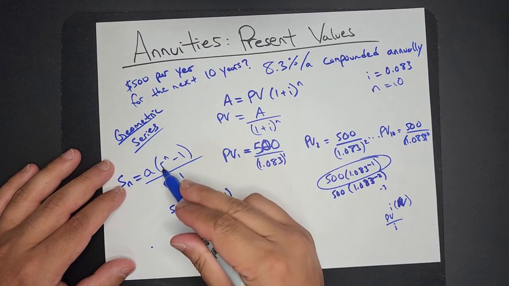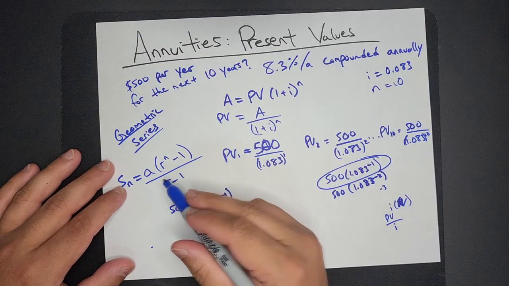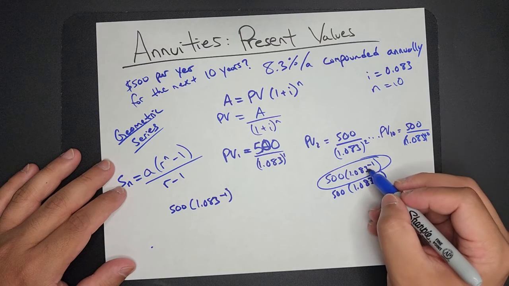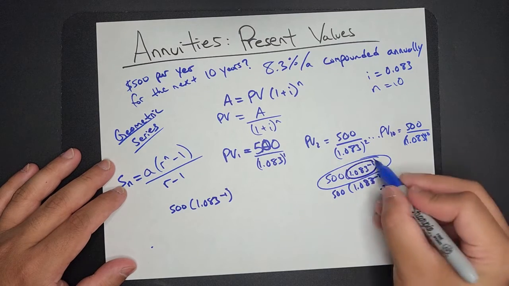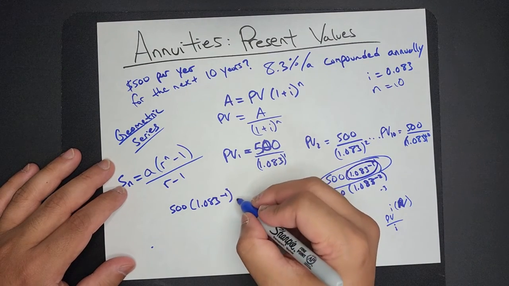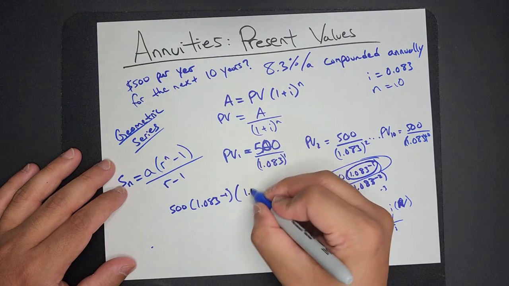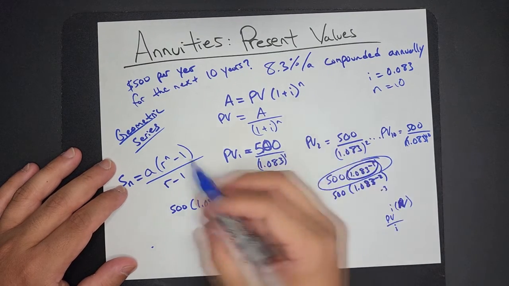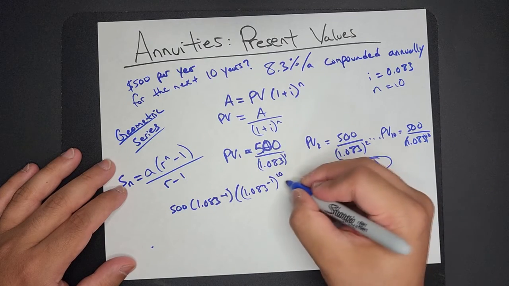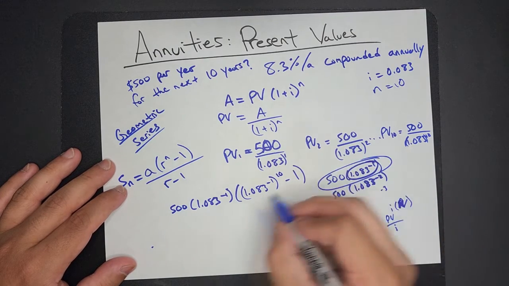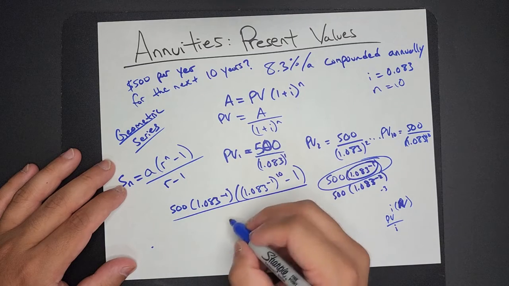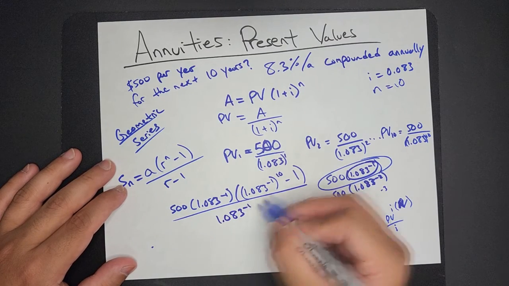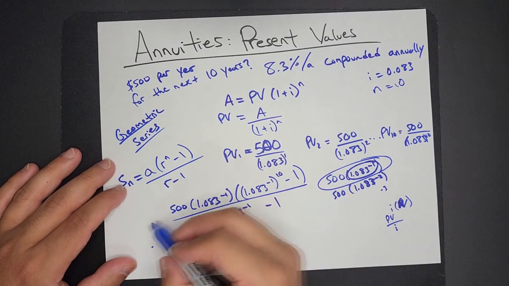And then I have my r, which is this, to the power of n, which is 10 years, minus 1, all divided by 1.083 to the negative 1 minus 1.